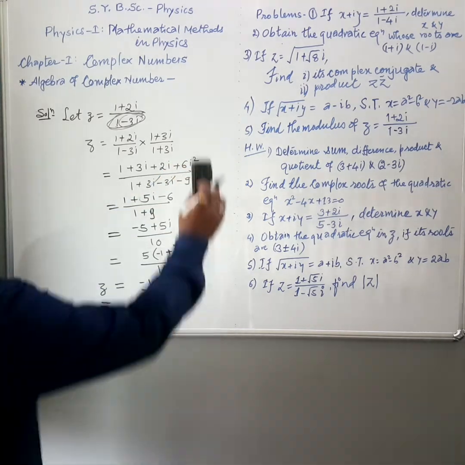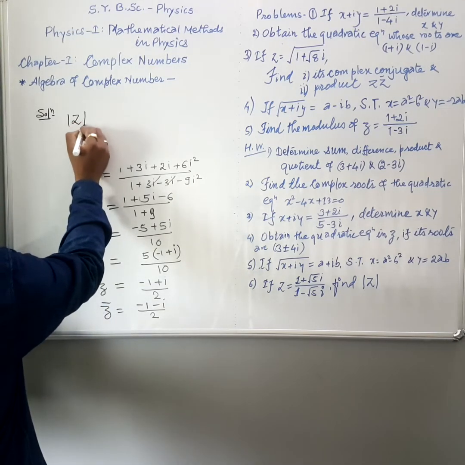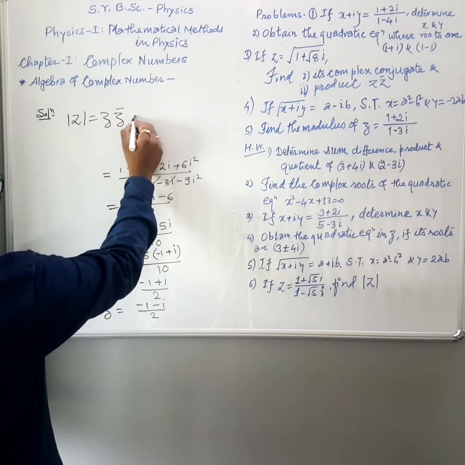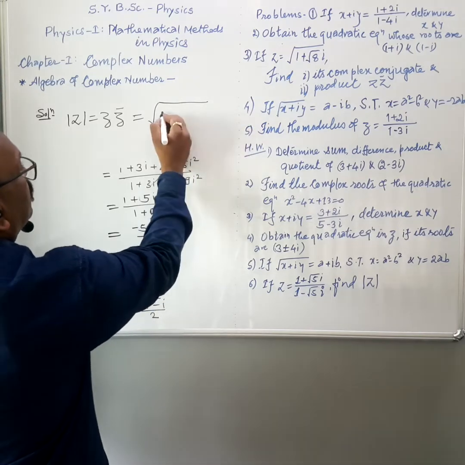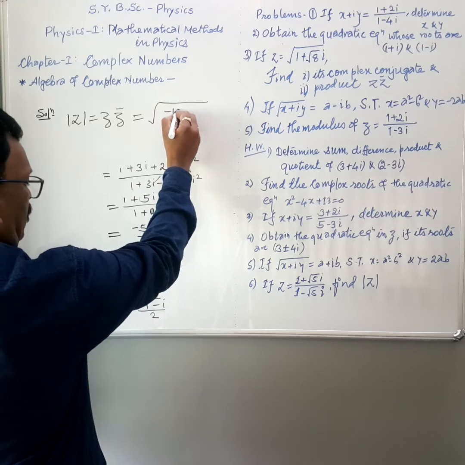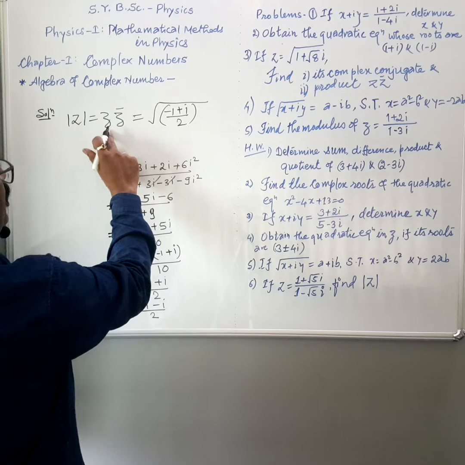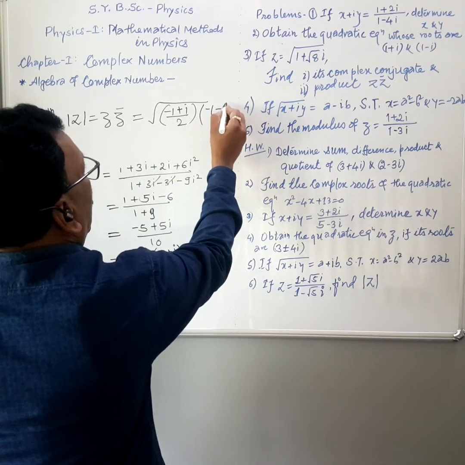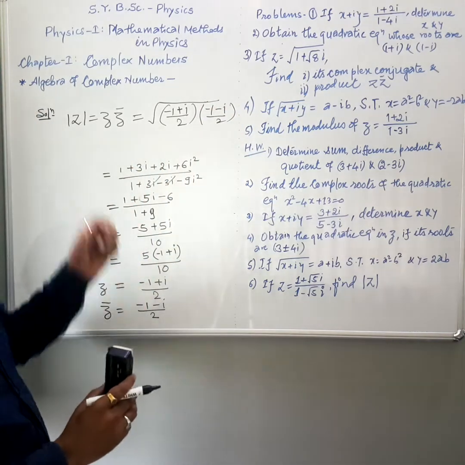For modulus, we know that mod of z is equal to square root of z times z bar, that is square root of (minus 1 plus i upon 2) into (minus 1 minus i upon 2), where the first is the value of z and the second is the value of z bar, that is the complex conjugate of z.